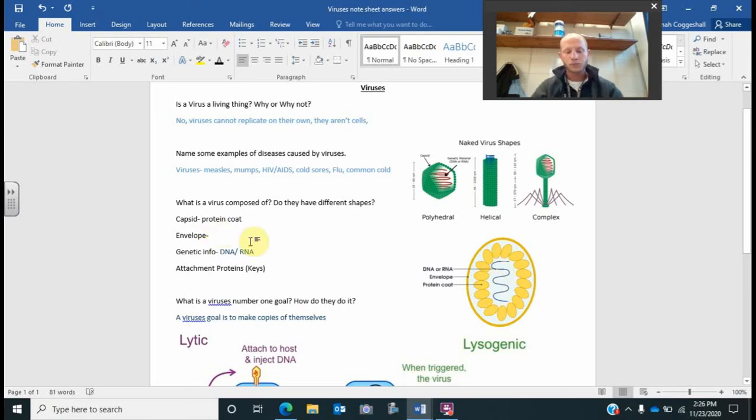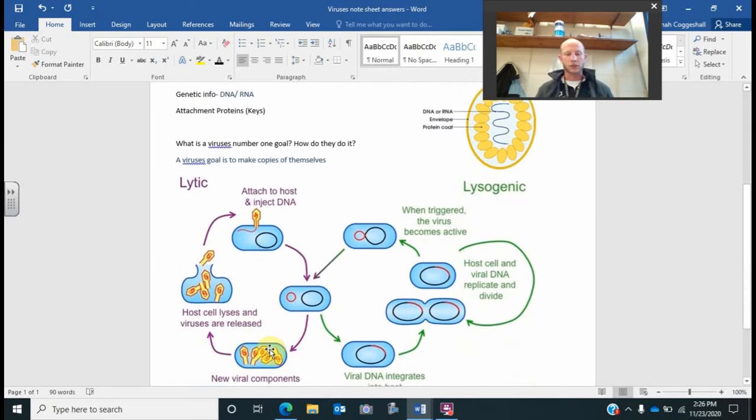The envelope. Sometimes these guys, viruses, are enclosed in the host cell's membrane. And so what will happen, so here's our envelope, this outermost piece right here, is as the virus breaks out of the cell, and so I can show that down here. You guys will draw this later on.